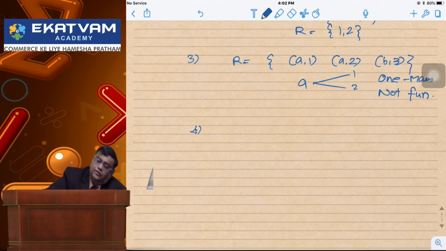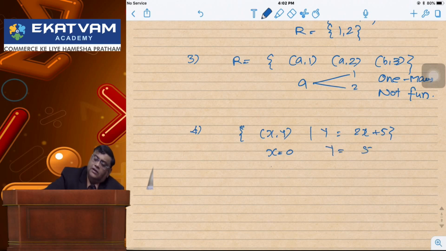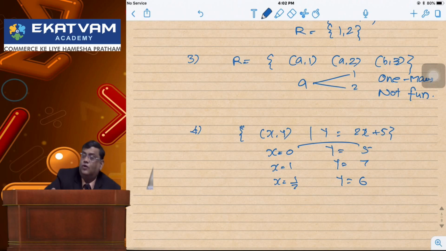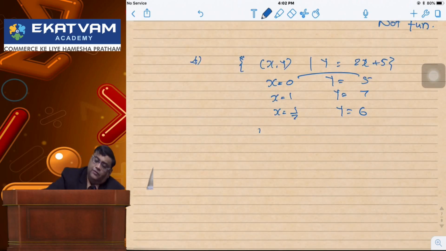If I consider x, y such that y equals 2x plus 5, now for every x value the y value will be different. If I put x equal to 1, then y will be 7. And if I consider x equal to half, then y will be equal to 6. So this is 1-1, and such a function is a 1-1 function.